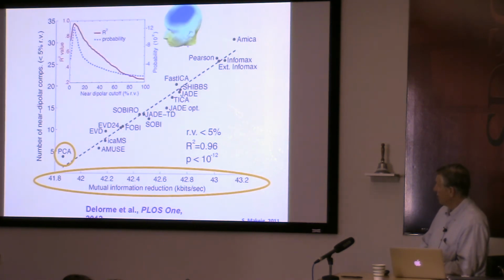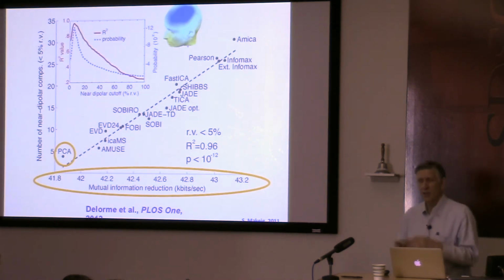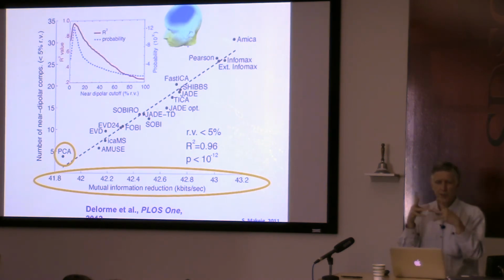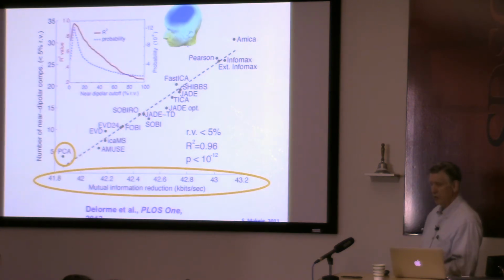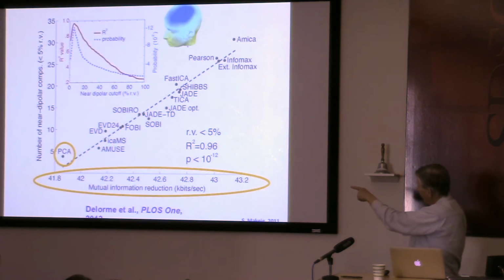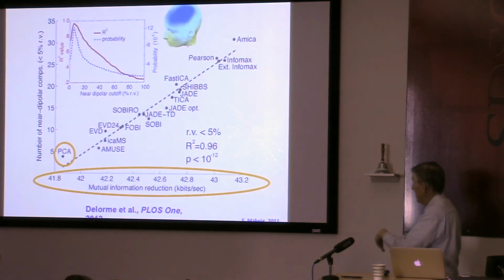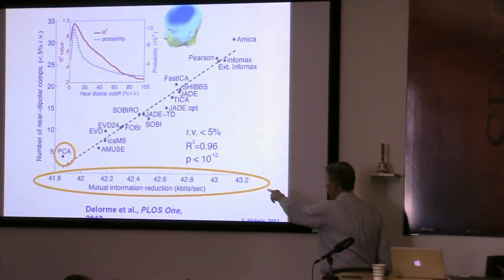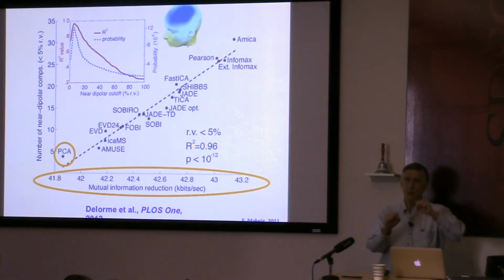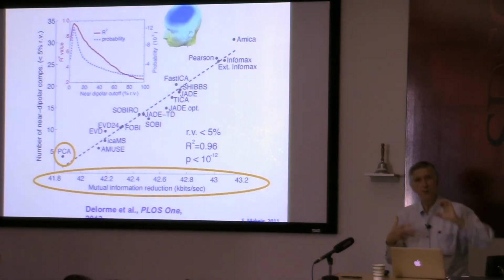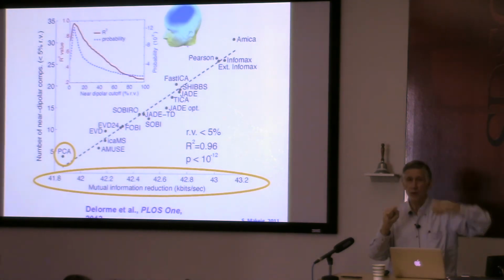PCA squeezed out almost all of the mutual information because it squeezed out all the correlations. PCA components are all uncorrelated. So there's 41.8 kilobits per second squeezed out. Through all the algorithms, the best one, which was Jason's AMICA, squeezed out 43 points, so only a few percent more. So it's like you wrung out the water in something, and then you tried really hard and you got a few more drops out.